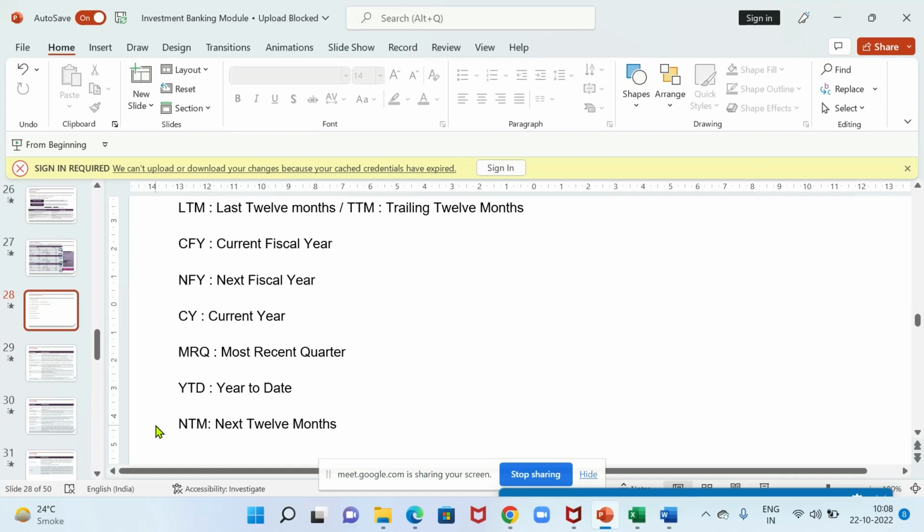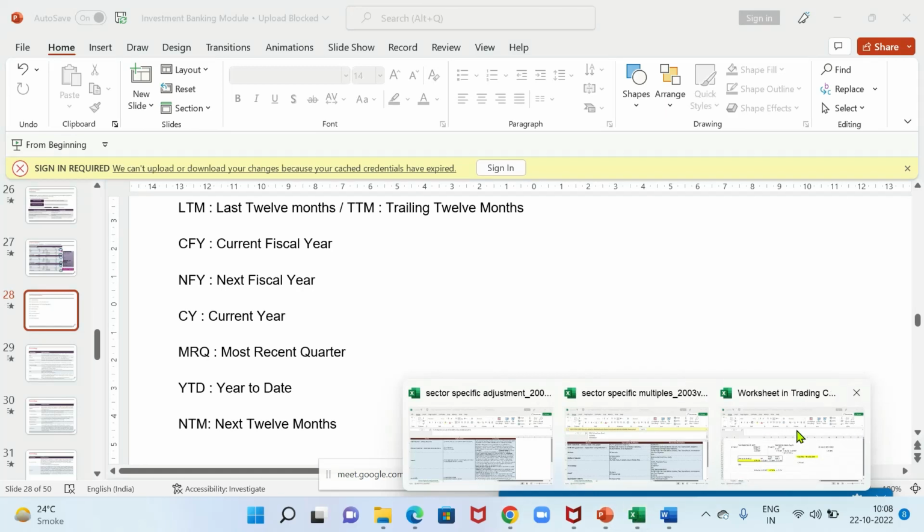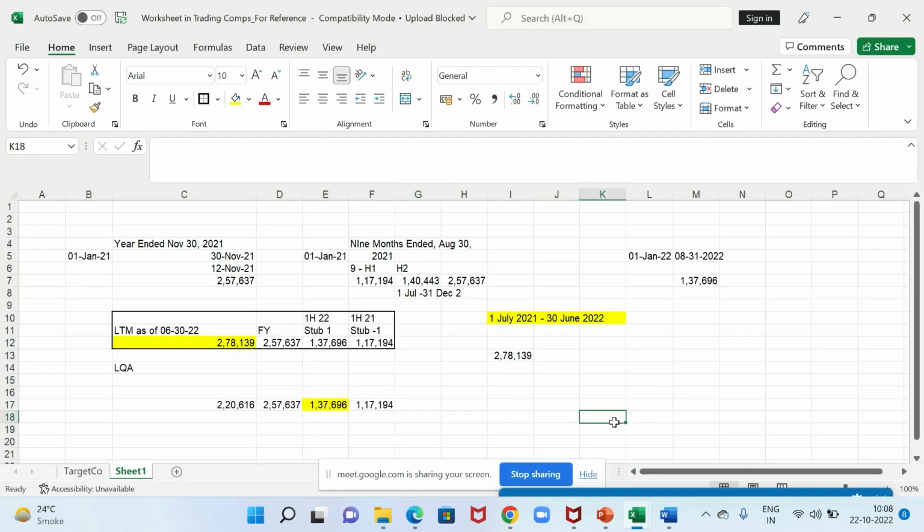Similarly, the next 12 months will also be computed the same way. Suppose we are at a June reporting. My fiscal year is June reporting. This is my fiscal year.